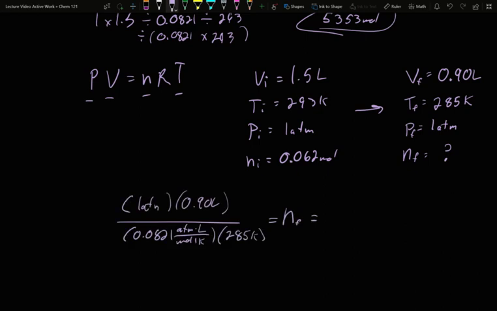So for me, I know I shorthand wrote 1 atmosphere, but we'd had it 1.0 last time. Just so we don't lose our sig figs, let's make that 1.0 atmospheres. But 1 times 0.9 divided by 0.0821 divided by 285 returns us 0.03846 moles.